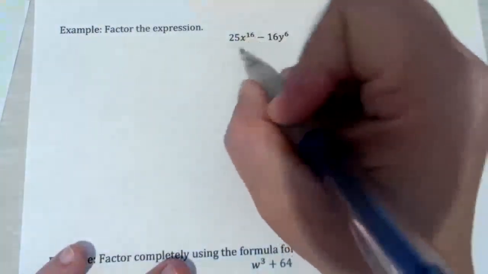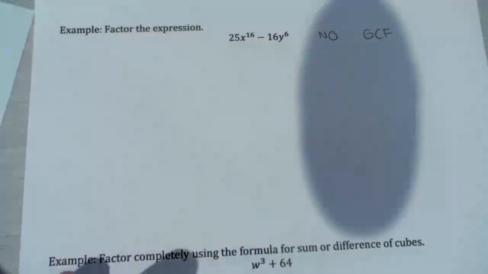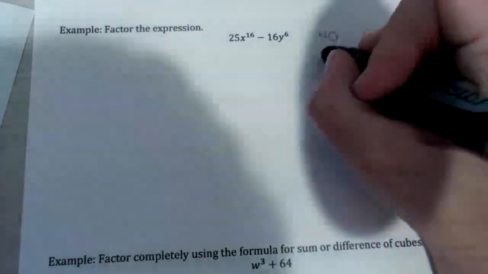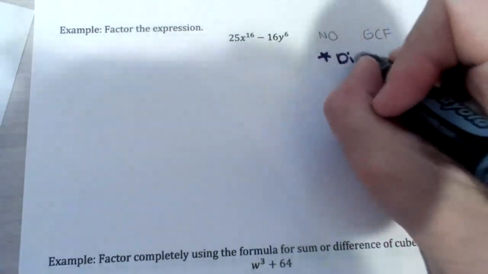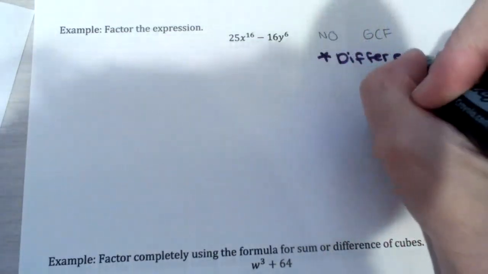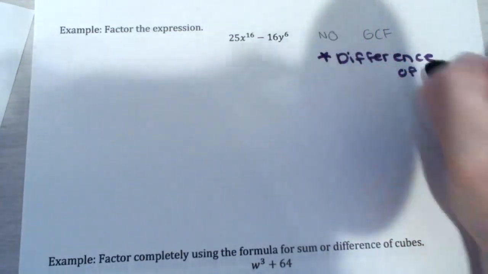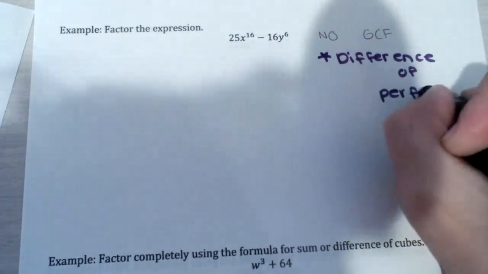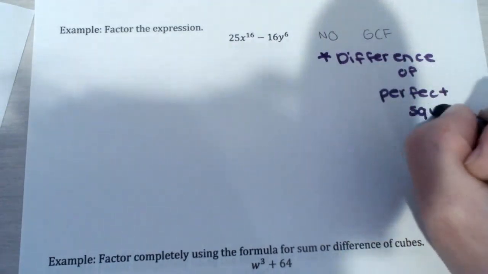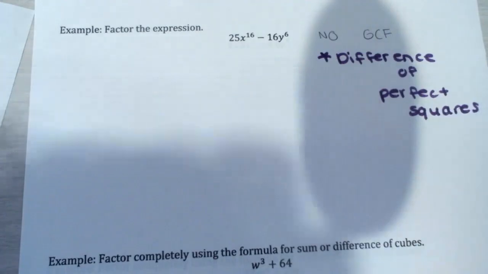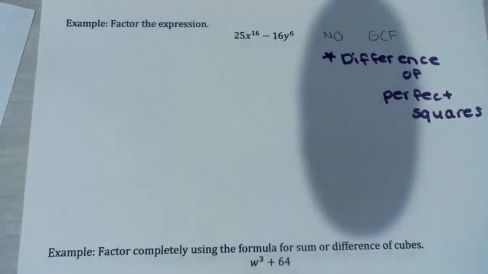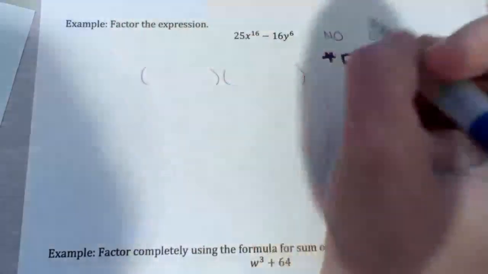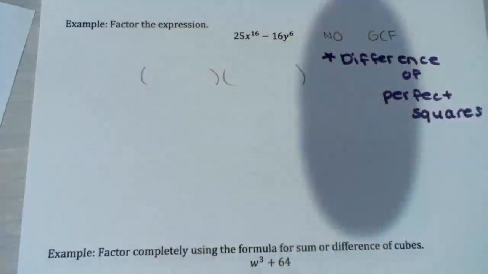Notice we are subtracting two perfect squares. So this would be a difference of perfect squares. We can go straight to our answer. So we have two factors. 25x to the 16th power.